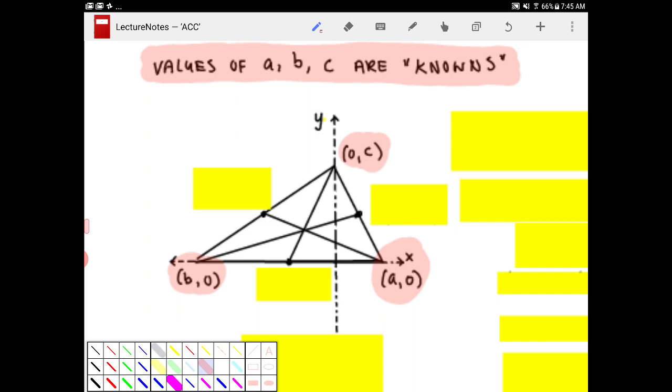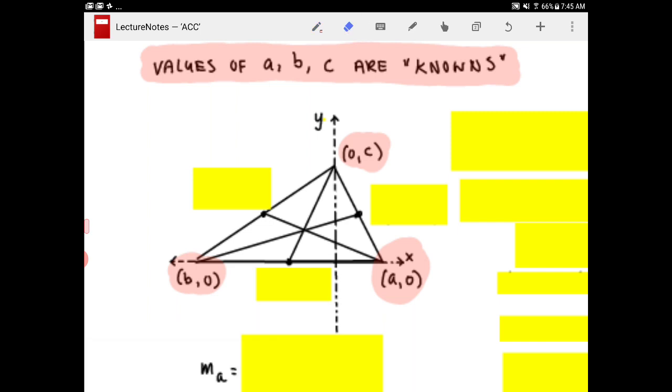Our final answer at the end should involve quantities of a, b, and c, okay. So let's just go through it, okay? Again, we're operating with a, b, and c as our known values, and the centroid is formed by the intersection of medians. So therefore, it would be important for us to figure out those midpoints.